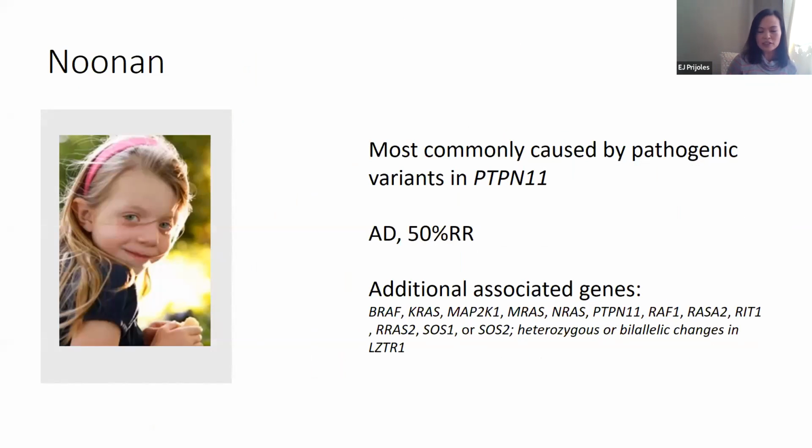So just to remind you that with different conditions, there can be multiple genes associated with particular syndromes. And if one test was negative, that doesn't mean that there may not be other genes that have similar phenotypes or the same phenotype.